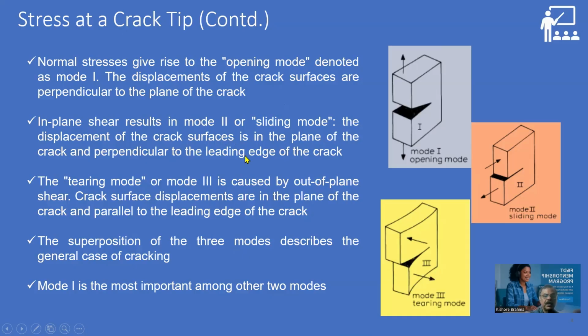The displacement of the crack surface is in the plane of the crack and perpendicular to the leading edge of the crack. The tearing mode or mode 3 is caused by out-of-plane shear. Crack surface displacements are in the plane of the crack and parallel to the leading edge of the crack. The superposition of the three modes describes the general case of cracking, and mode 1 is the most important among the other two modes.